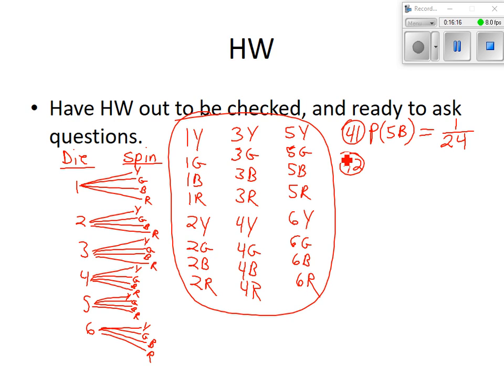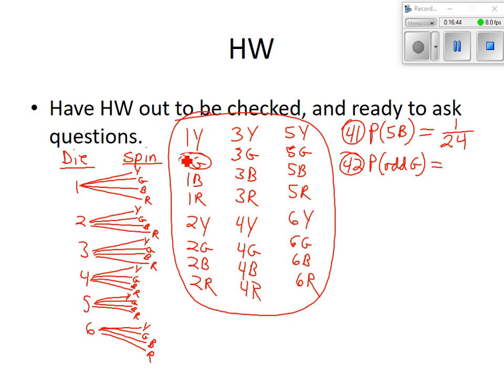What's 42 say? Rolling an odd number and spinner landing on green. So odd number and green. So we go down through here, and usually if I have the sample space drawn out here, I just circle the ones that are favorable outcomes. So we want probability odd green. How about this one? Does that work? No. Yes.